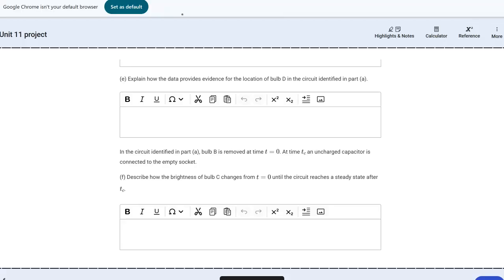I'll write it like this: for 0 less than t less than tc, C brightness is 0.